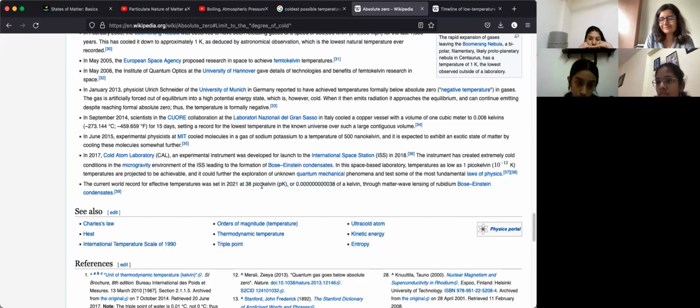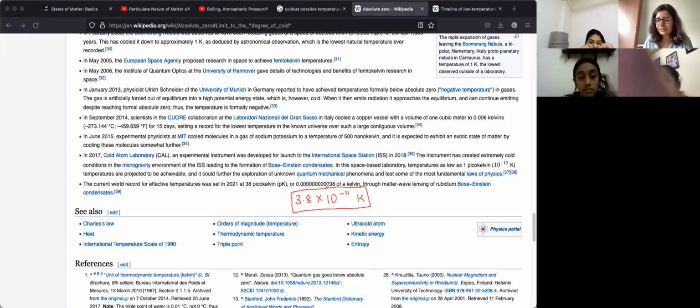38 picokelvin. So pico means 10 raised to the power. So they have done it at 3.8 into 10 raised to the power, how many zeros? 1, 2, 3, 4, 5, 6, 7, 8, 9, 10, 11. Minus 11 Kelvin. So this is the smallest temperature people were able to get to. Close to this would be something minus in Celsius, right?